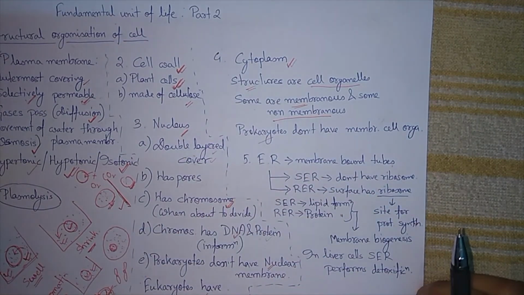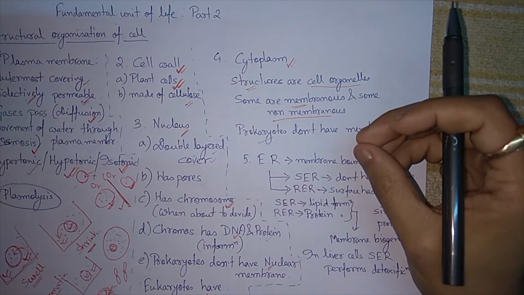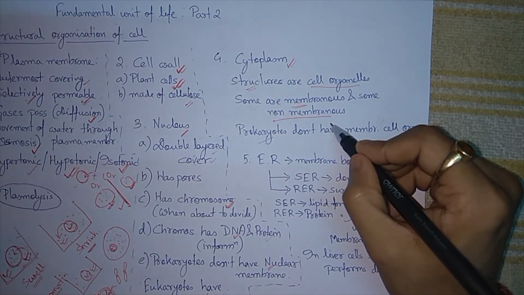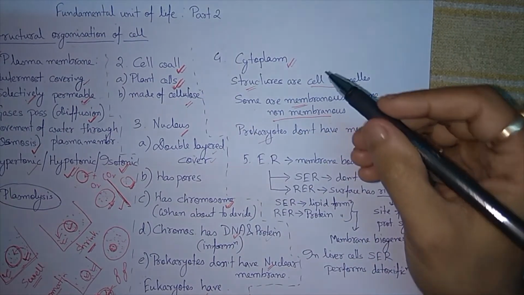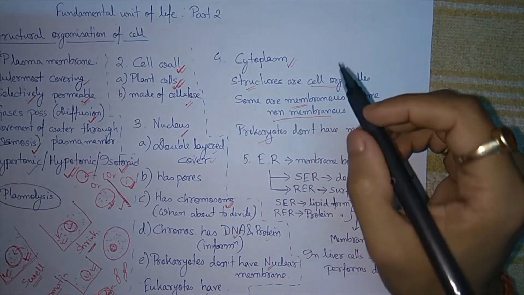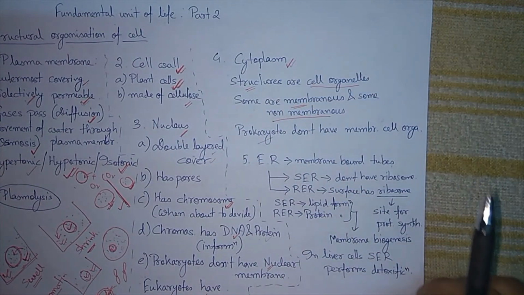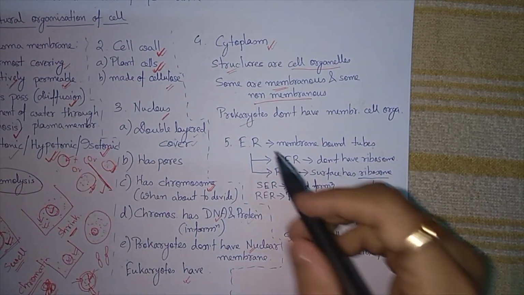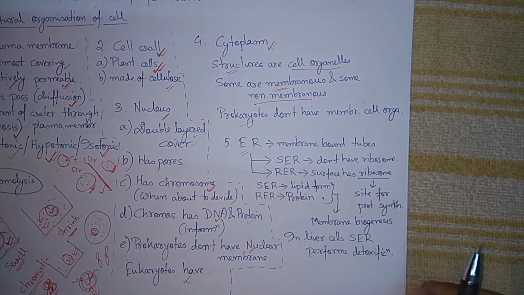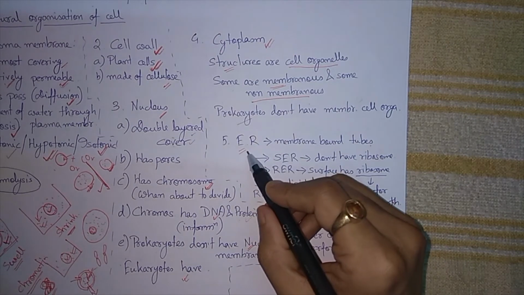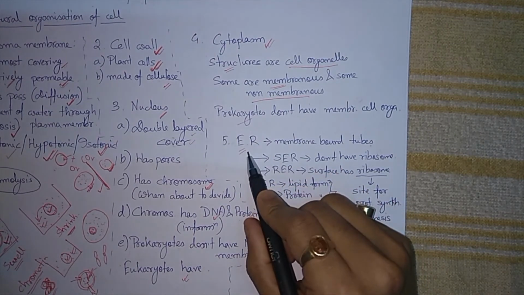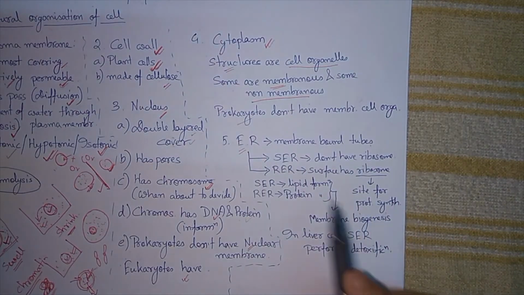But in case of eukaryotes, this is very simple. Any kind of cell organelles, whether membranous or non-membranous, can be found there, and the nucleus has the double layered nuclear membrane in case of eukaryotes. Okay. Now next cell organelle is ER, endoplasmic reticulum, which is found in the cytoplasm. Okay.